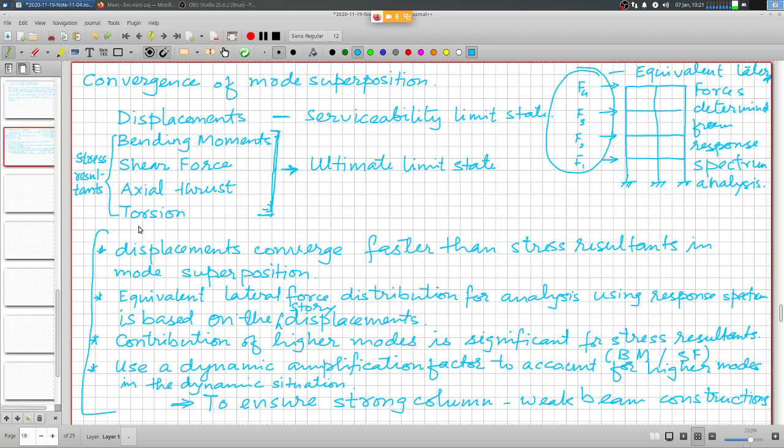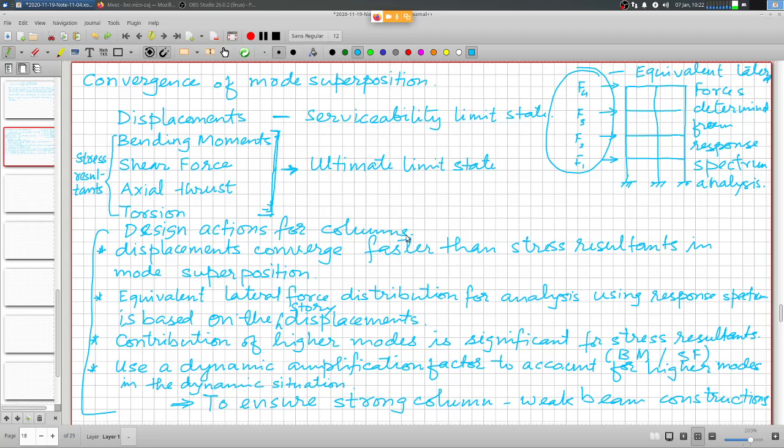Right now we are talking about the design actions for columns. The idea is we need to provide for higher capacities in columns, so that we do not allow any plastic hinge to form in columns.